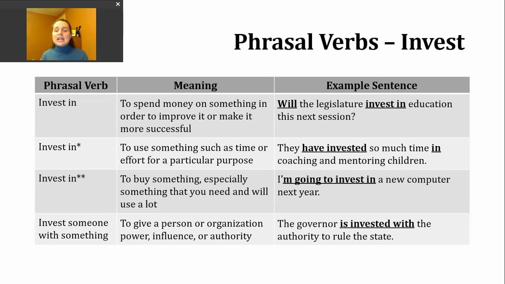The governor is invested with the authority to rule the state. So again, here we see the governor is given authority to make rules to benefit the people who live in that state.